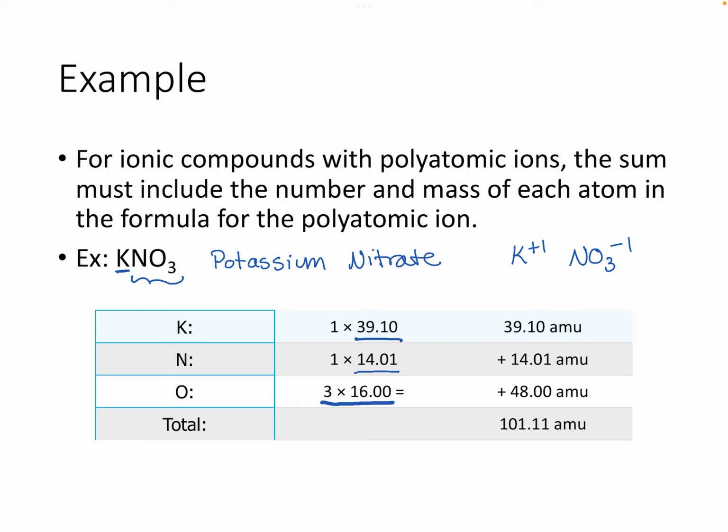So notice here, oxygen is listed as having a mass of 16 instead of 15.99. So again, it's going to vary depending on your periodic table. So 16 times 3, that gives us 48. So now we're just going to add all of those values together, and we get a total of 101.11 AMU.